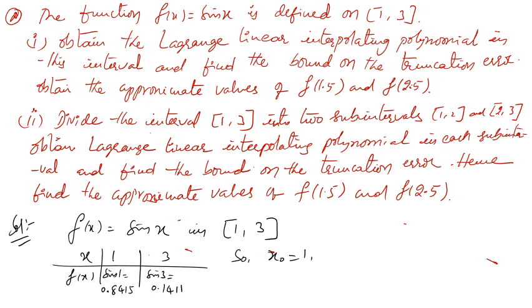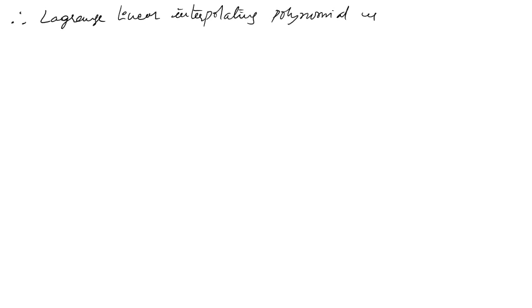So here, what is x naught? First value x naught 1. f of x naught is how much? 0.8415. x1 value is 3. f of x1 value is what? 0.1411. So first polynomial. Therefore, Lagrange linear interpolating polynomial is P1 of x, right?